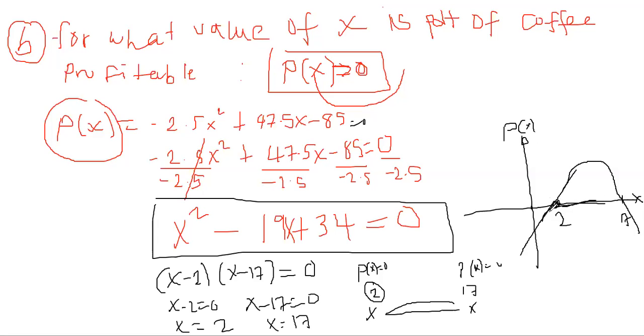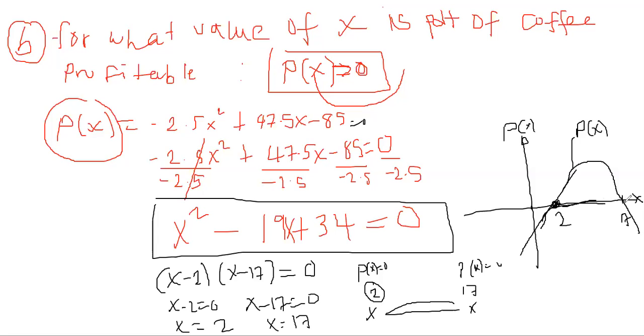Before 2, profit is what? Remember, this is the profit function. I will tell you how I draw this in the next class, but I just want you to visualize it for now. So between 2 and 17 is where production is profitable. If they produce 2 quantity of coffee, the profit will be 0. If they produce 17 quantity of coffee, the profit will be 0.